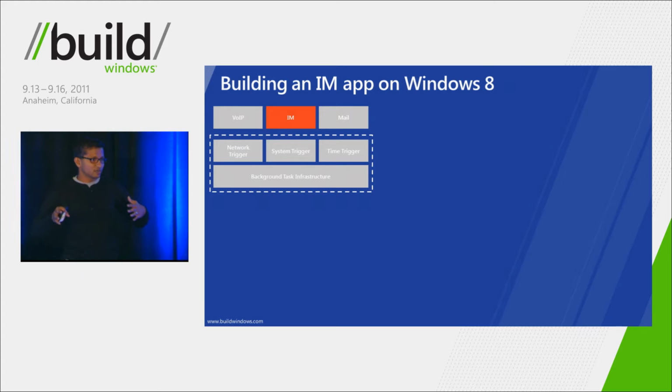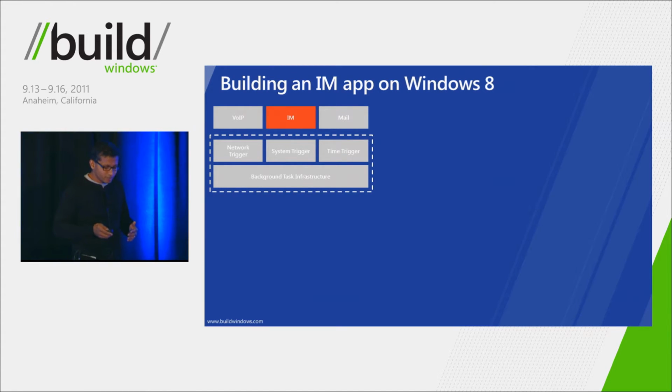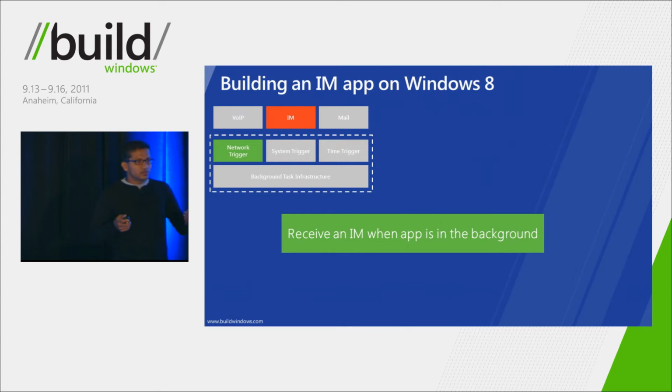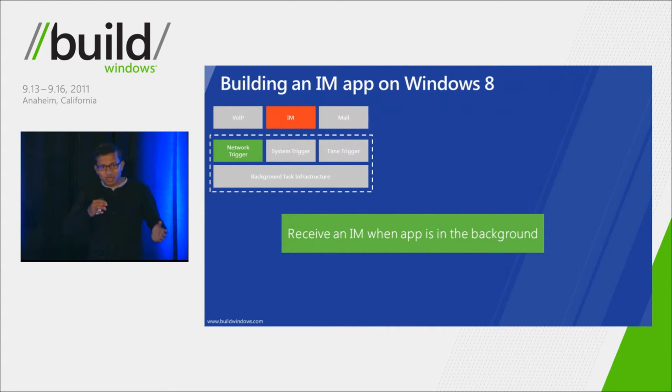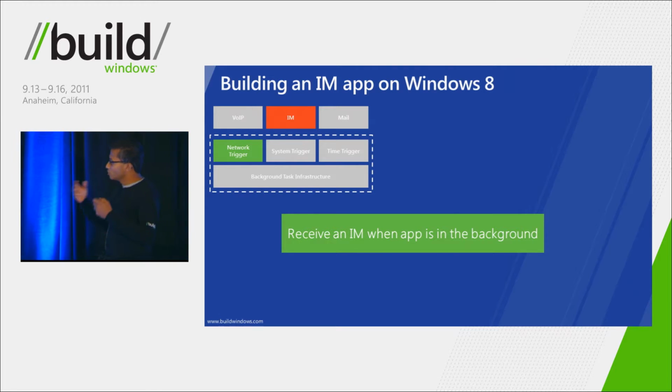But for this set of things, since you saw a demo in that context, let's walk through a chat app. The first thing is, when my application is in the background, you expect that the IM reaches me. It doesn't matter whether the user is listening to music and just put my application away from the foreground, he still expects that he gets the IM. Sure. But what's the second thing?